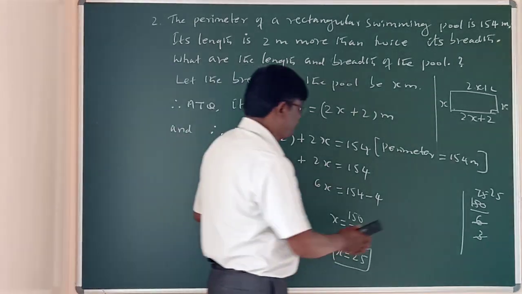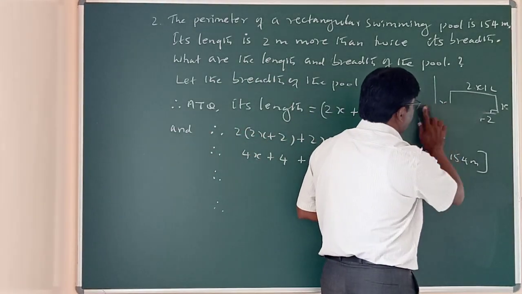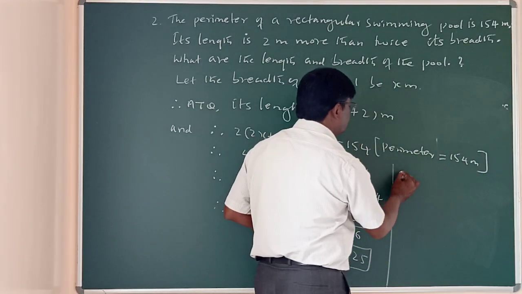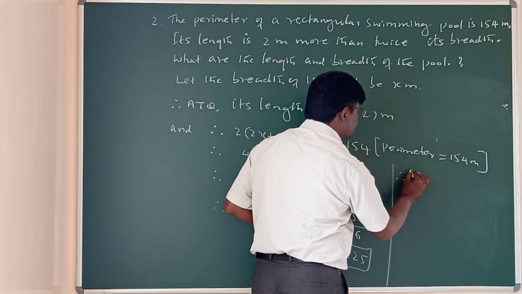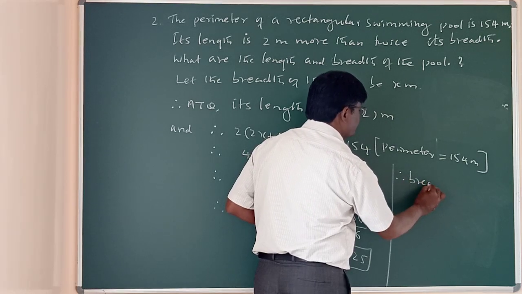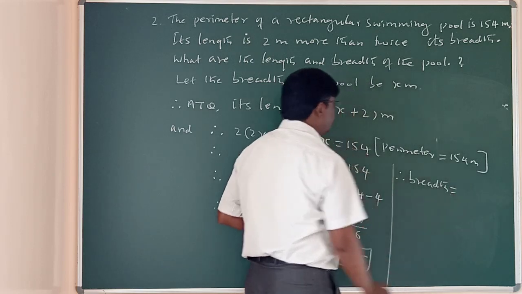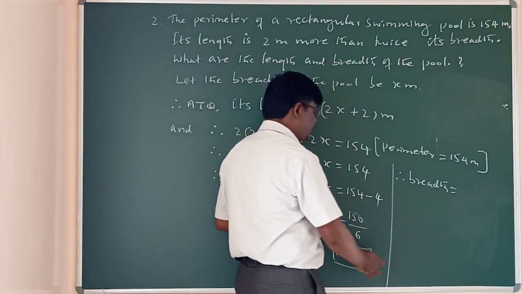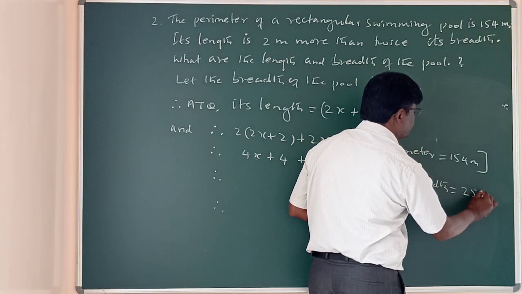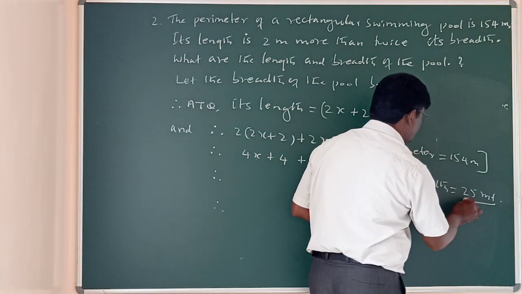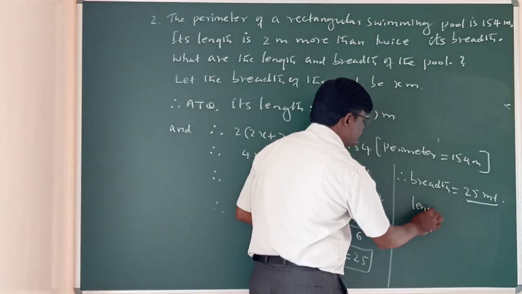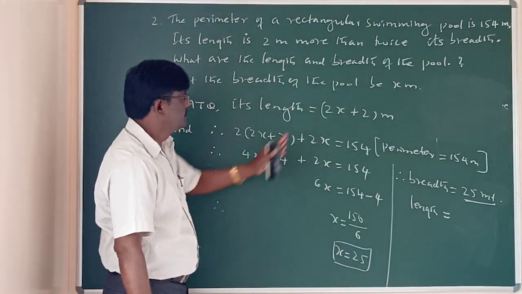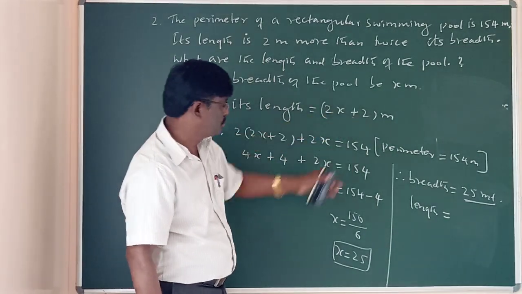Now, the breadth of the pool. According to our assumption, we assumed breadth as x. x is here 25 meter. Length, according to the condition, is 2x plus 2.